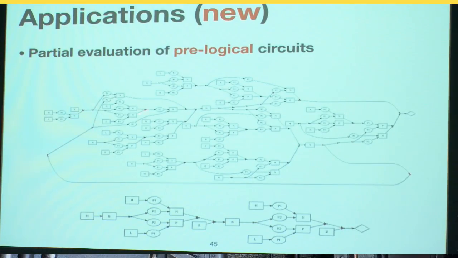So I have a circuit here where I know the control signal, and I can simplify it down to this circuit. And this is also something new, that simulation-based tools cannot do. This is a completely syntactic application of partial evaluation, and this is the residual circuit.